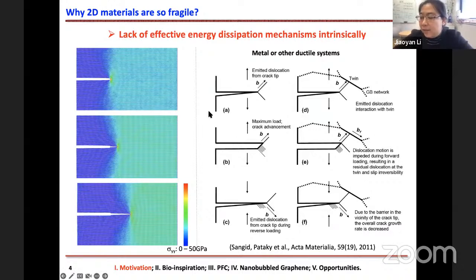On the other hand, from this simple fracture test of graphene using molecular dynamics, we can see that the initial crack propagates when the critical loading is achieved, without forming any plastic region or emitting any dislocation.